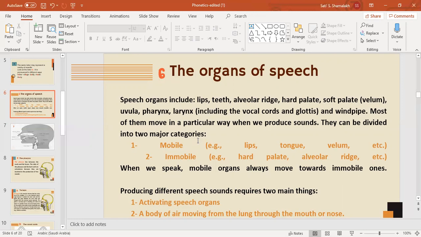Lips, tongue, velum are mobile or moving. Immobile, like hard palate, سقف الحلق, ما بتتحرك, alveolar ridge, اللي هي اللثة, ما بتتحرك, ثابتة. Okay. When we speak, mobile organs always move towards immobile ones.